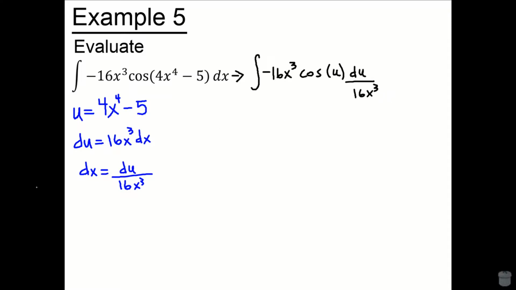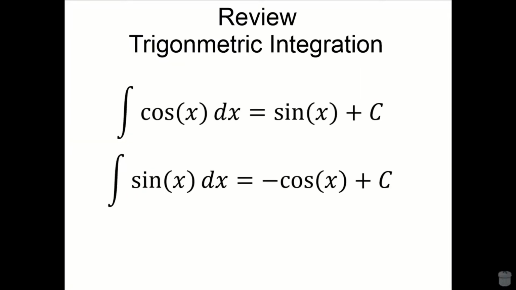From here, 16x cubed reduces, 16x cubed reduces. I better be careful that I don't forget about this negative here. Since this is negative 1, I'm going to bring it outside. Take the integral of cosine of u du. As we saw in the previous slide, the integral of cosine is sine.